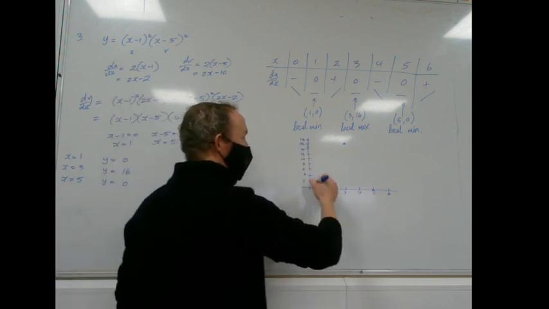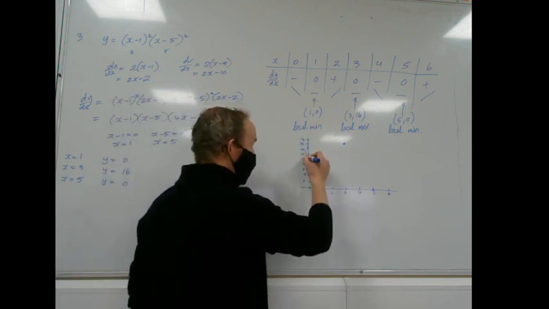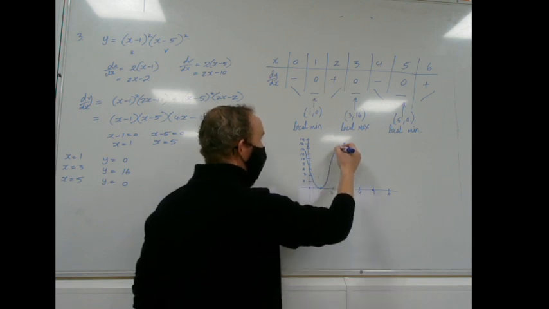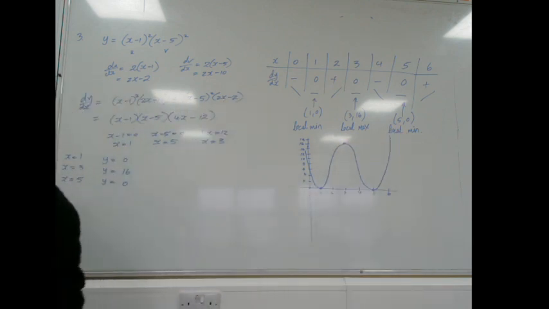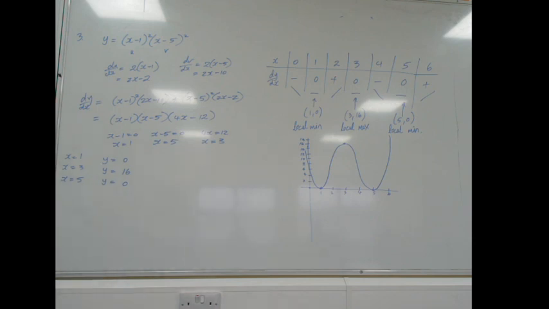When you show a local min, that means there is a curve with a shape like this, a U shape.